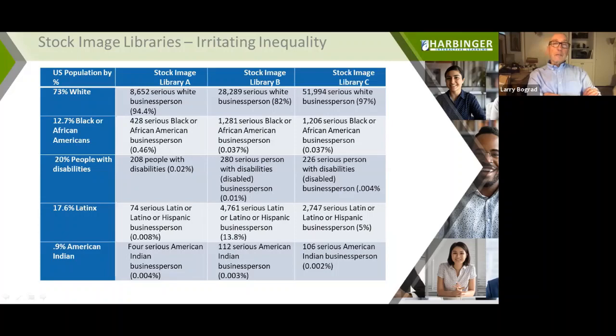If you look to the right of the screen, on the top right there's a woman probably of Indian or South Asian descent. There's an African-American person. There's a woman who may be Chinese or Chinese-American or Malaysian on the bottom right.